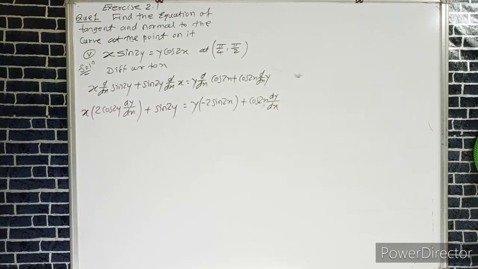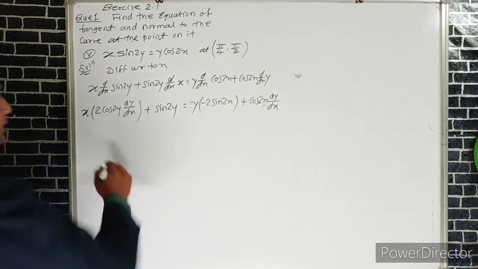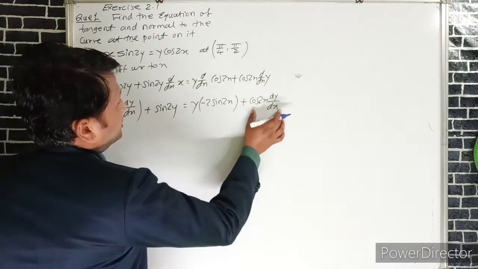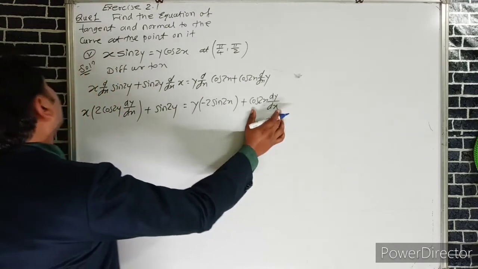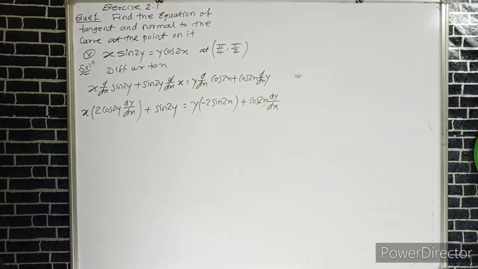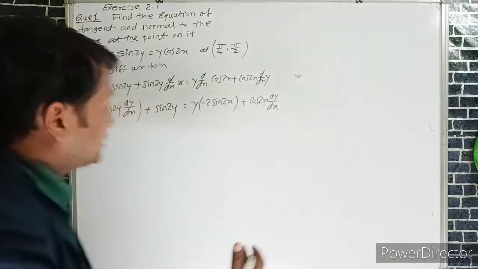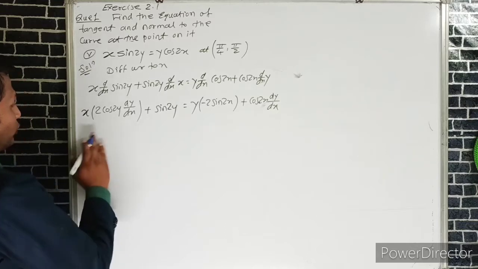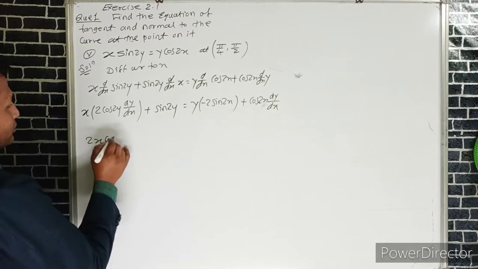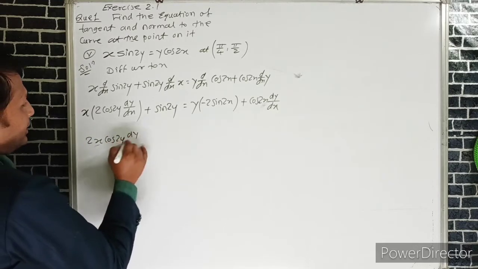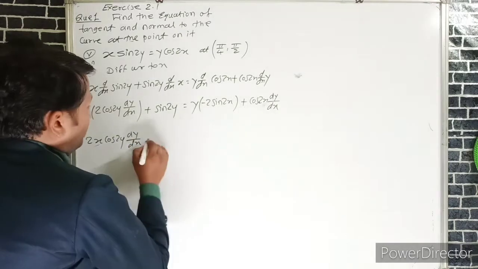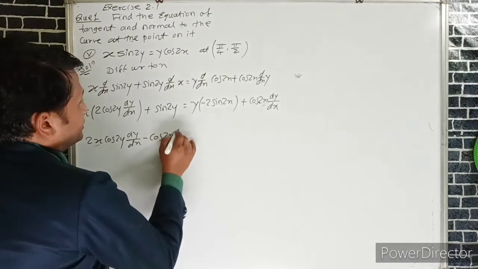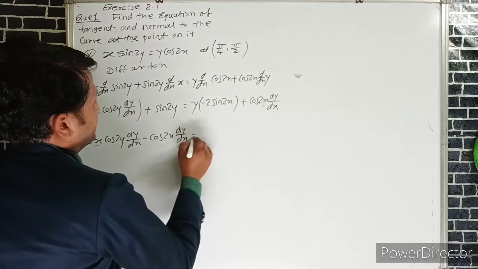Here we have to find the equation of tangent and normal. First we have to find dy by dx. So the terms containing dy by dx, if we take them to the left side, we can write 2x cos 2y dy upon dx minus cos 2x dy upon dx.